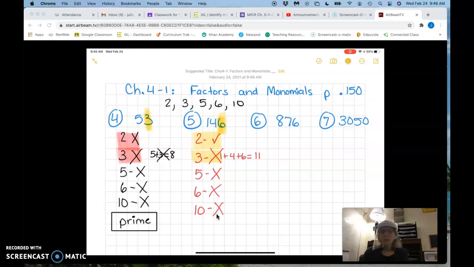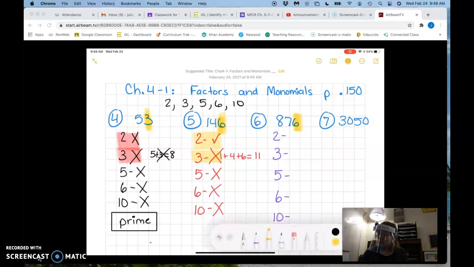Does this number, 146, end in a 0? No. Okay. Divisible by 2. Is 6 divisible by 2? Yes. Divisible by 3. Add up all the digits and see if it can be divided by 3.